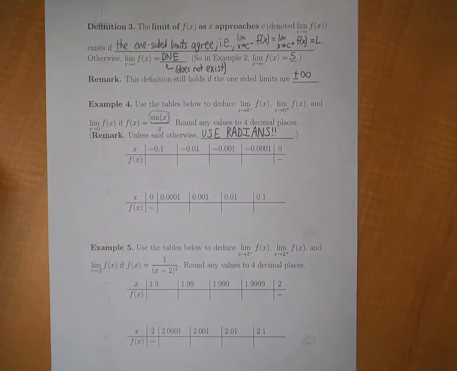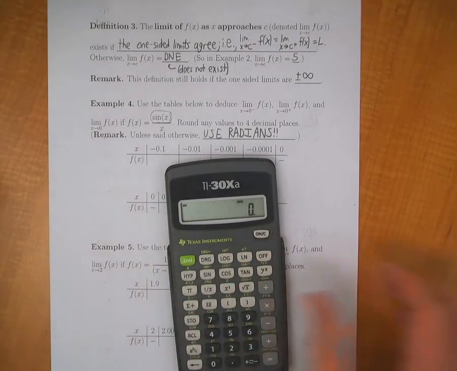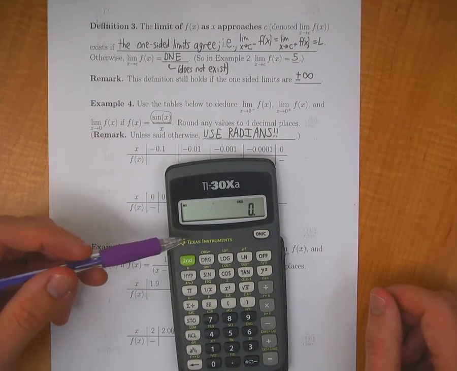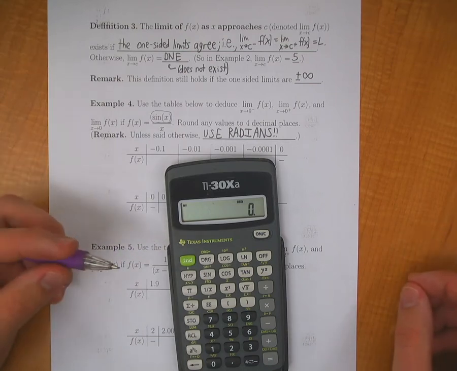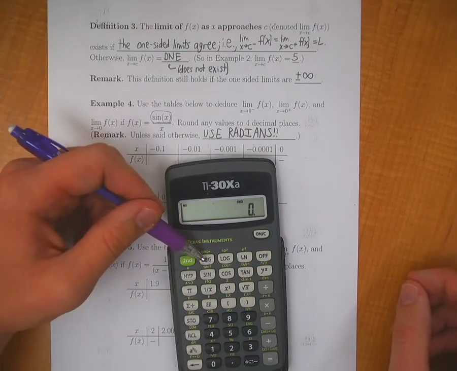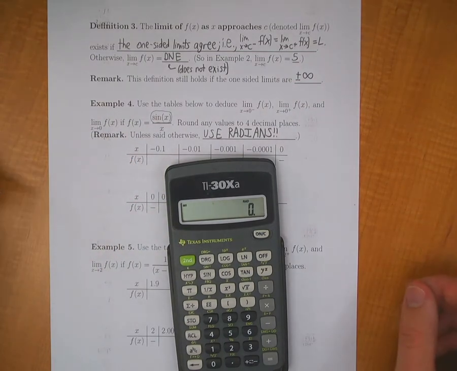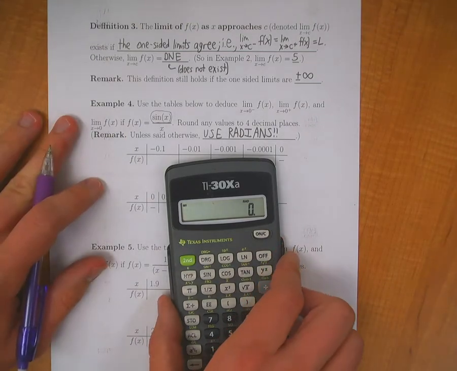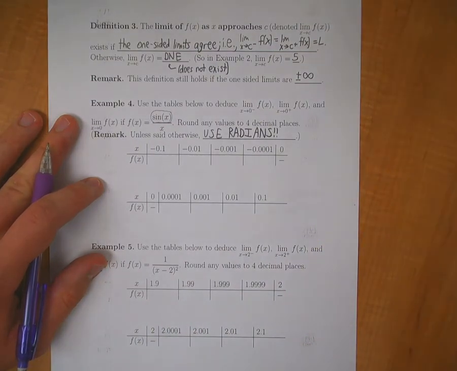So if, for instance, you are using a one-line calculator such as a TI-30, if you turn it on, the calculator will automatically default to degrees mode. So if you want to go to radians, just press this DRG button here, and boom, you're in radians.